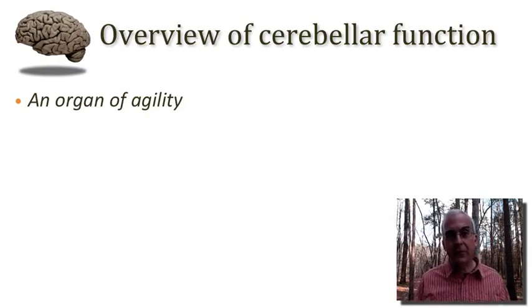Maybe it's problem solving. Maybe you're really good at solving crossword puzzles, or you're very gifted in mathematics, or you're just a very logical, inductive sort of person, and you can reason your way through challenging mental problems. If that's you, then probably the cerebellum has contributed to your capacity to move your body or to move your mind with agility.